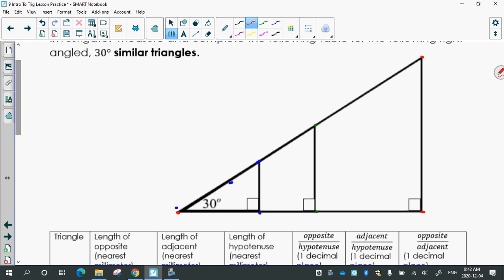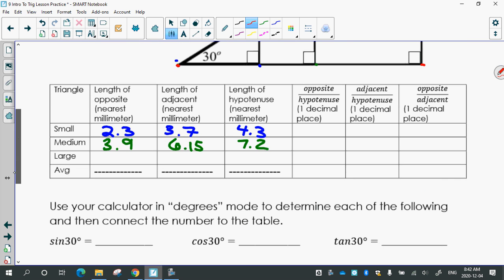Seven exactly is the opposite. You have 11? 11, okay. And the hypotenuse?